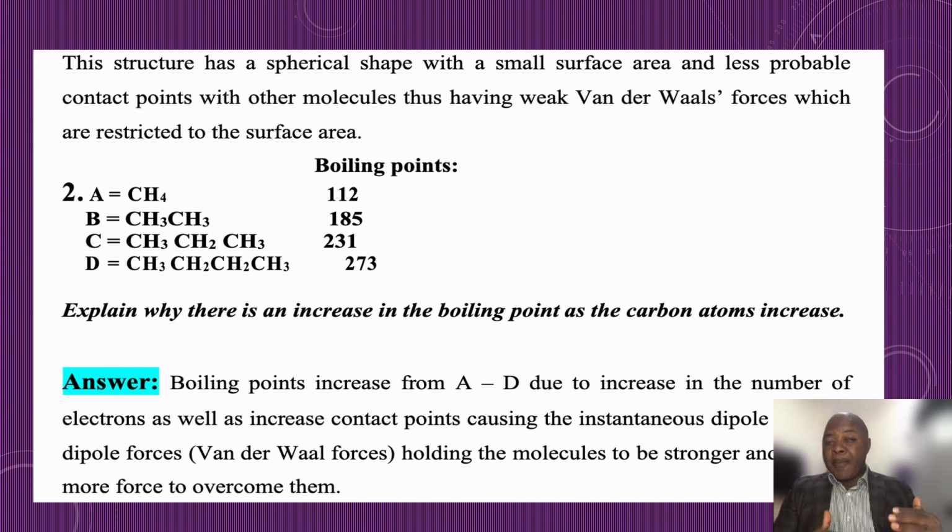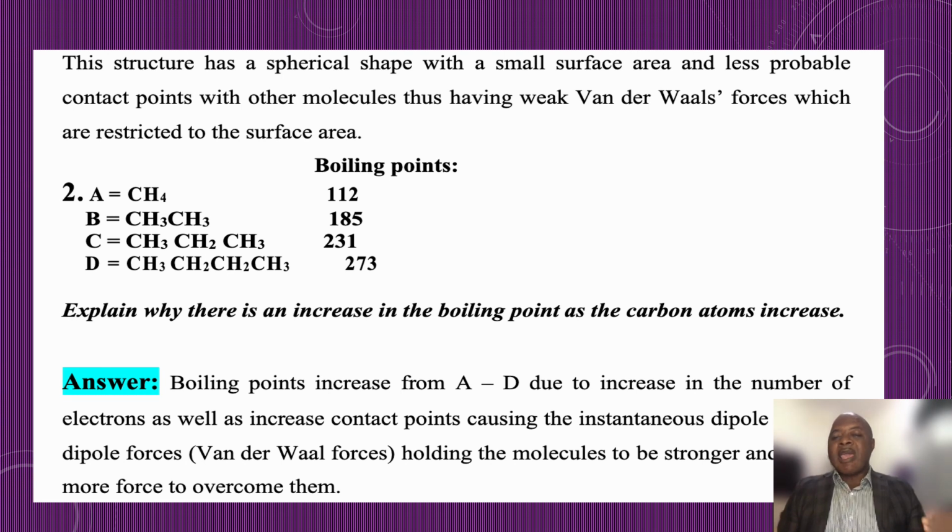So, as the molecular weight or the molar mass is increasing from methane to butane, what happens? There is an increase in the number of electrons. There is an increase in the contact points between the molecules. And when there is an increase in the number of electrons and contact points, what happens?